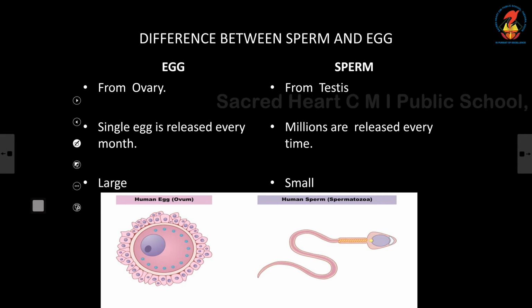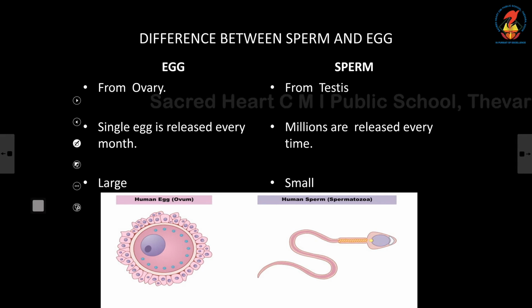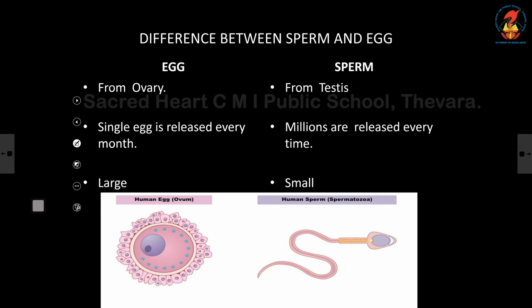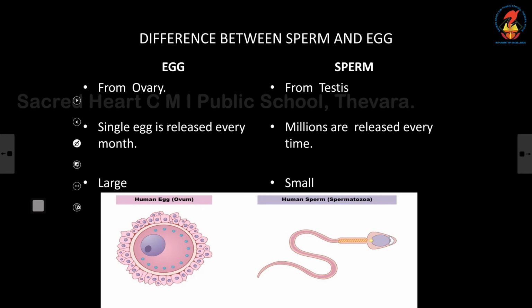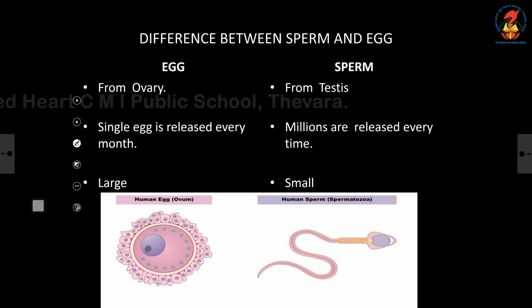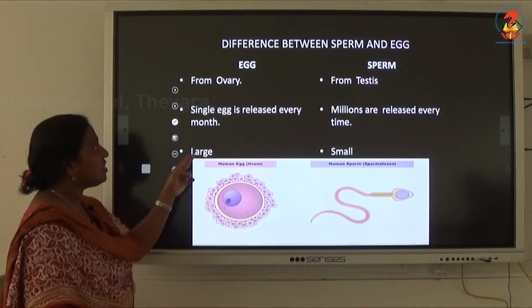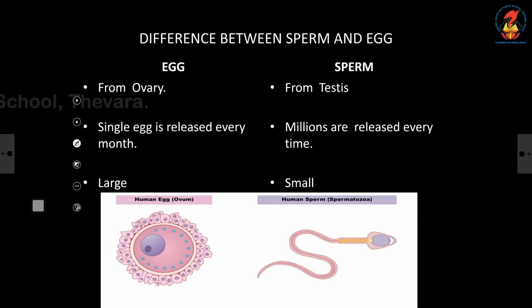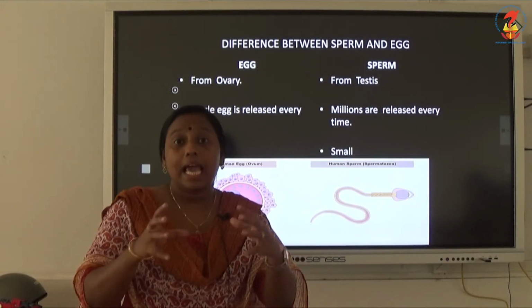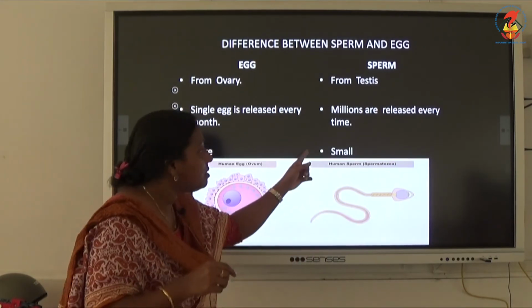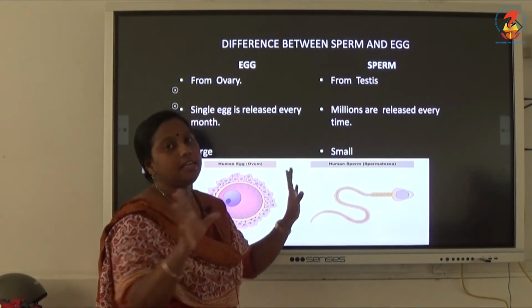The second difference: only a single egg is released per month from one ovary, whereas millions of sperms are released every time from a single testis. The third difference: the egg is large compared to a sperm because it stores food materials inside it. So comparatively, the egg will be bigger than the sperm, and the sperm will be comparatively smaller.